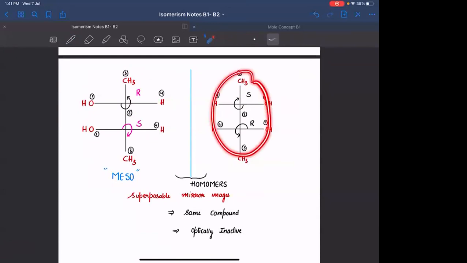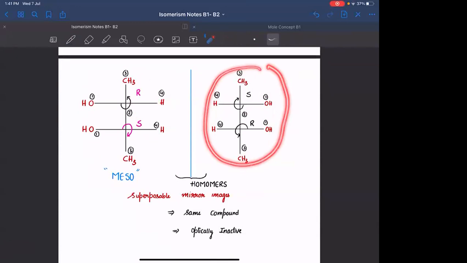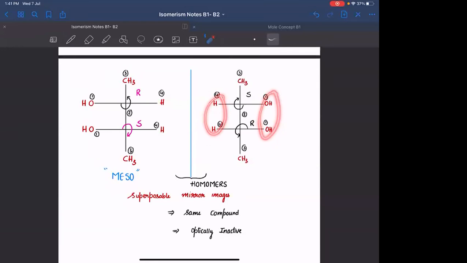Because these two are superimposable on each other. How to see if they are superimposable or not? Rotate this molecule in the plane of paper by 180 degrees. If you are rotating it by 180 degrees, ये दोनों OH cis side आ जाएंगे, ये दोनों हाइड्रोजन cis side चला जाएंगे, which is nothing but this molecule. Agreed? So these two are not two different compounds, they are the same compounds.